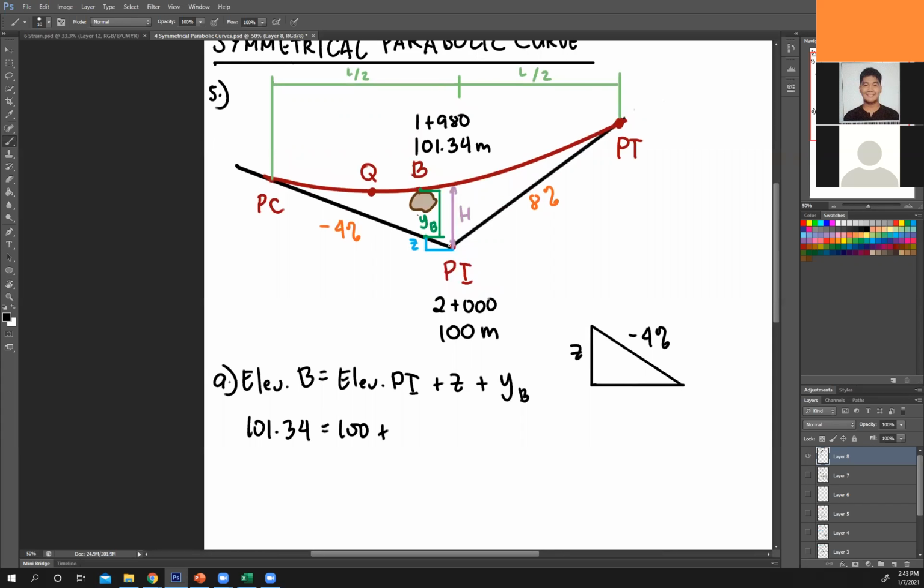Can anyone tell me what is this length? Look at your given. There's a value for that. There's an actual value. What is that? Anyone? Look at the stationing.